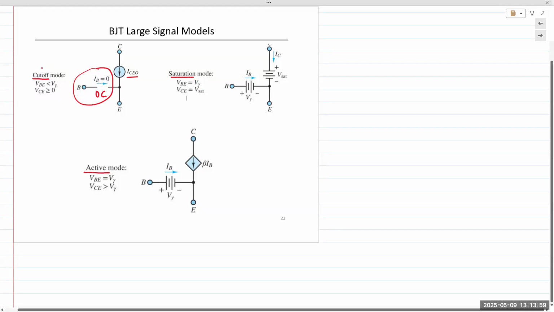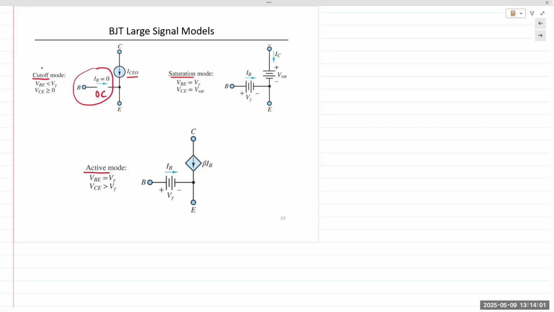And since the collector-base junction is also forward biased, VCE drops to a voltage level of 0.2 volts or less, known as the saturation voltage, or VCE SAT. As we mentioned earlier, VCE SAT is approximately 0.2 volts or less.